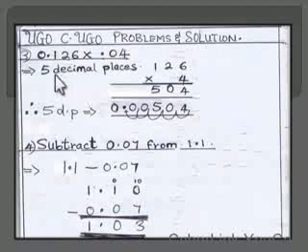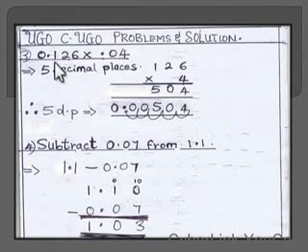Take note of that. So you can see after the point we have decimal places 1, 2, 3, 4 and 5. That's why I wrote 5 decimal places. Are you getting that right? Now we take it as a whole number, 126 times 4.